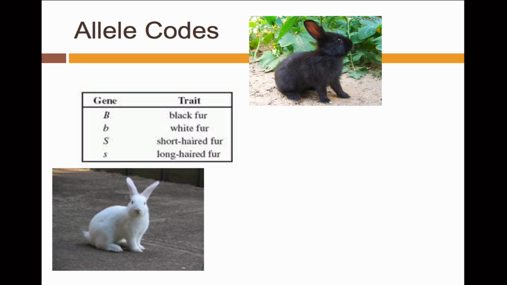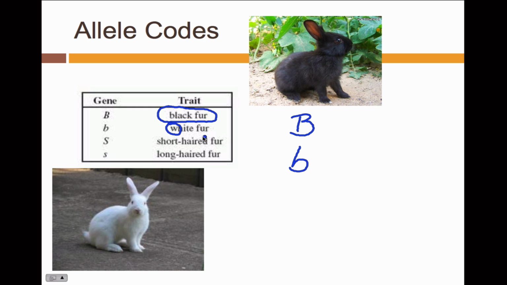All right, we use allele codes. It's kind of a shorthand for us. We look at the dominant trait, and in the case of these rabbits, black fur is dominant to white fur. So we would use a capital B to indicate that dominant trait, and we would use a lowercase b to indicate the recessive trait.